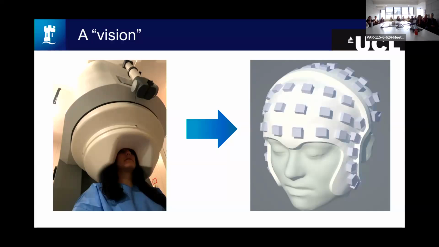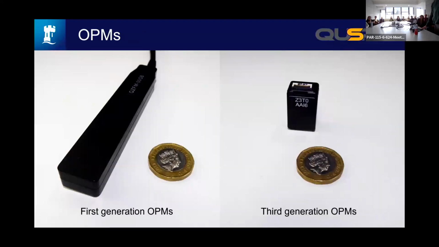And it wasn't quite as stupid as it sounded, because we'd been following for a long time the vast amount of work that had been done on the development of what were then called atomic magnetometers, now called optically pumped magnetometers. The promise of using these newly emerging sensors was becoming more and more of a reality. And so we started to think about it really seriously. And so that's what happened.